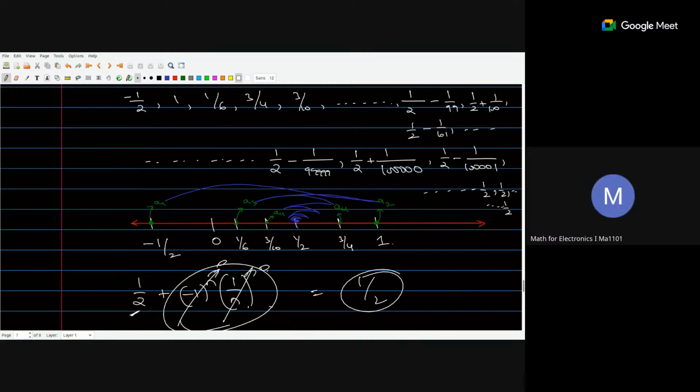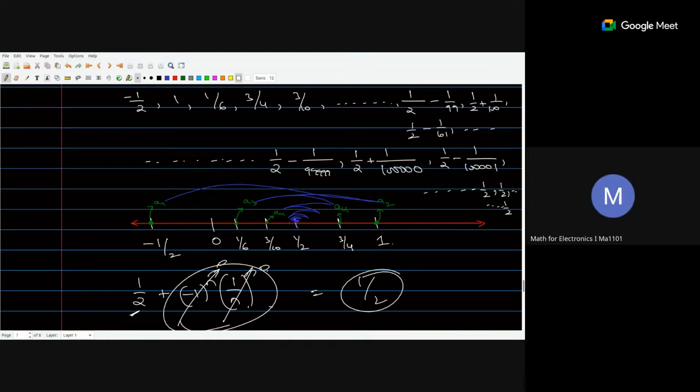Any other answers? Sir, it's getting the minus value and plus value both, no? Both. But I never said that small m is positive or negative.